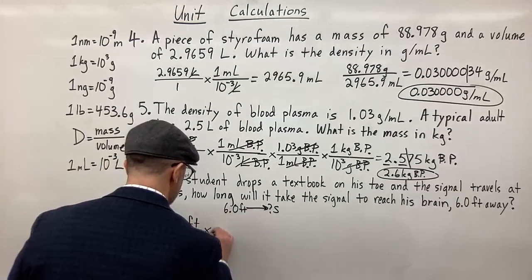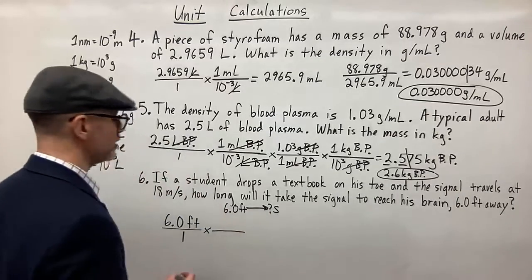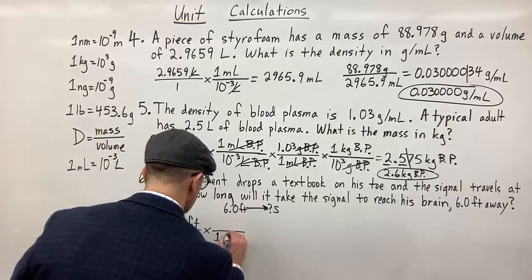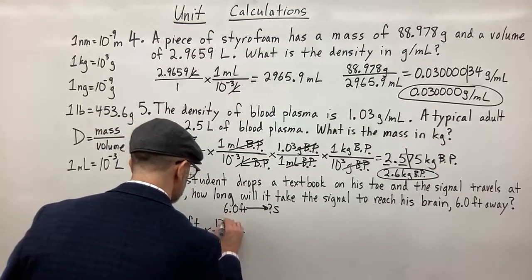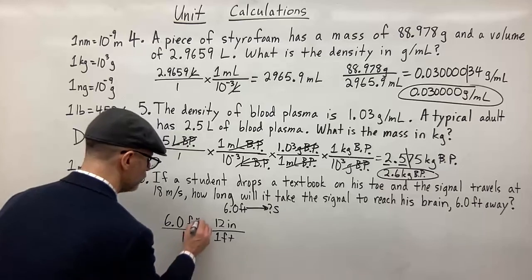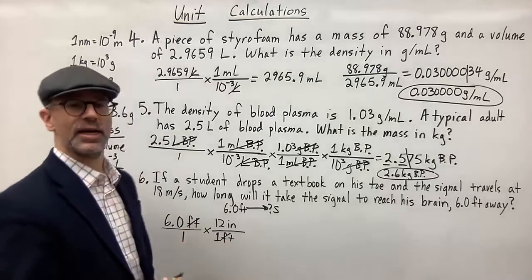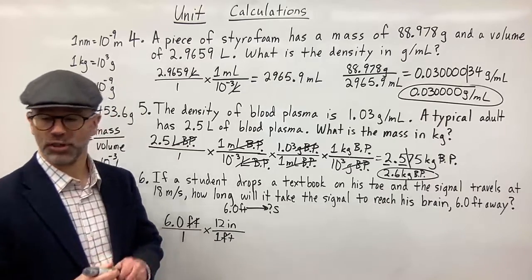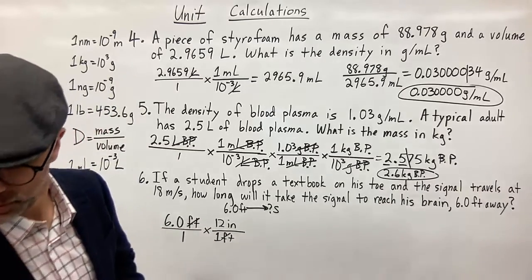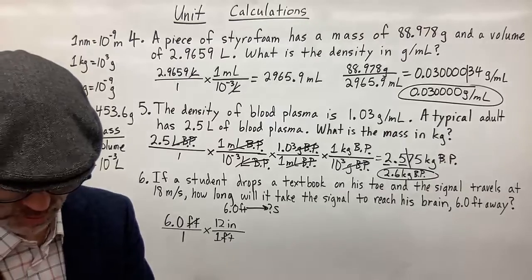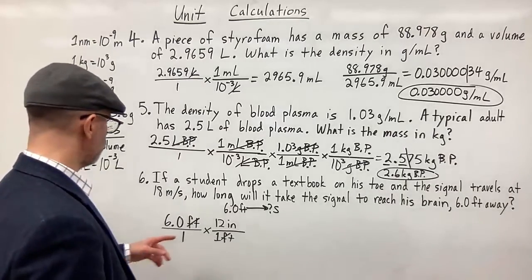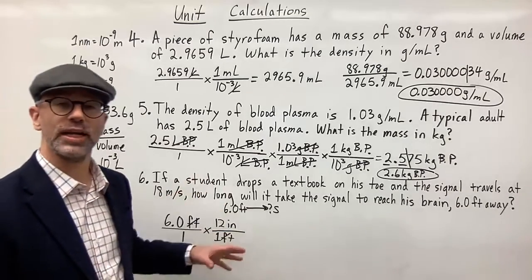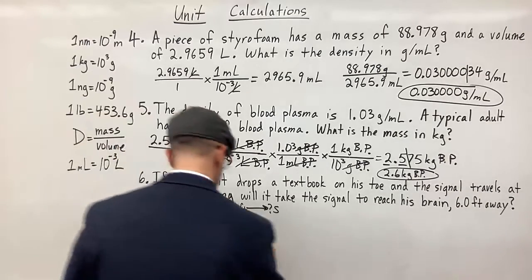First, I'm going to convert to inches. I know that 1 foot is equal to 12 inches. So 1 foot on the bottom, 12 inches on top. Feet cancel out. Now I have inches. Now I know that 1 inch is equal to 2.54 centimeters.